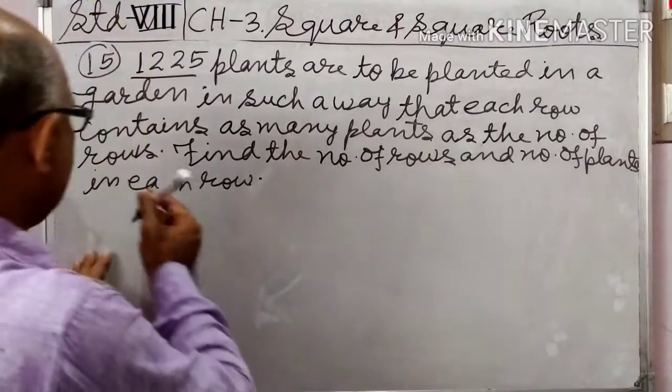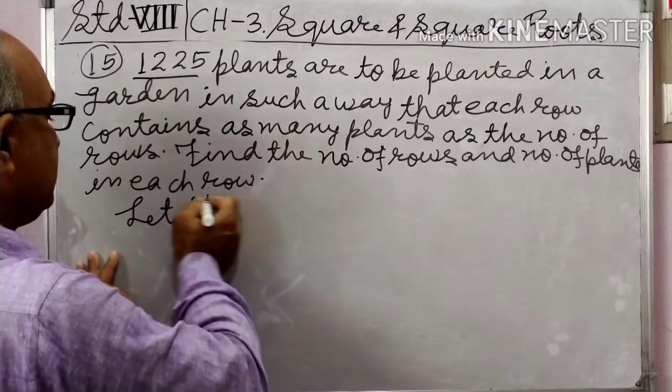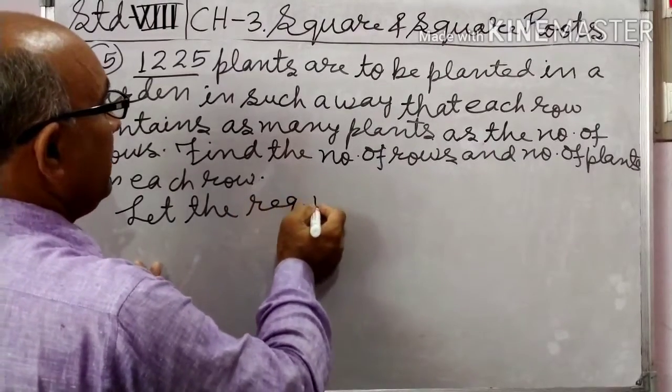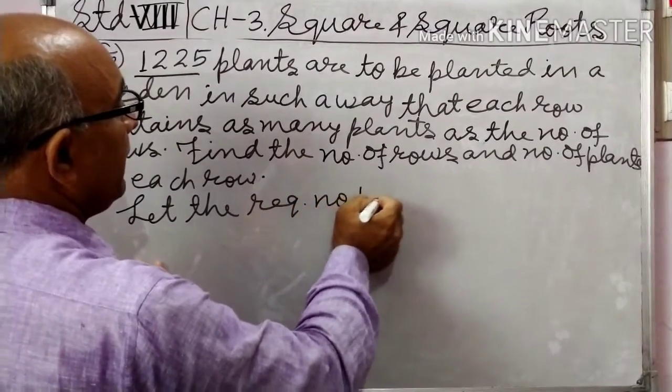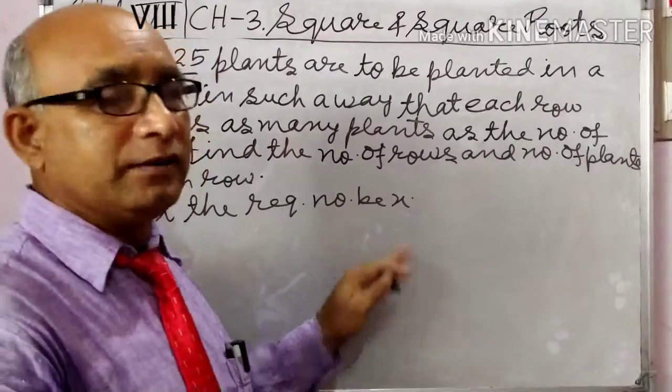So let the required number be x rows, and each row has x plants. So according to the question, the total number of plants equals 1225. Now the total number of plants is x rows and each row x plants.